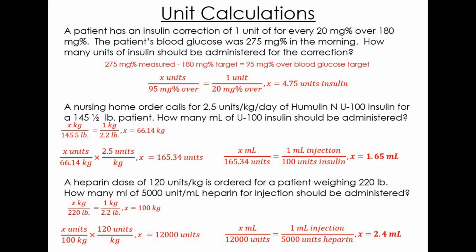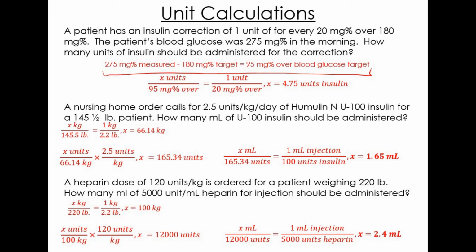Let's look at a few more examples. In the first, a patient has an insulin correction of 1 unit for every 20 milligrams per cent over 180 milligrams per cent. The patient's blood glucose was 275 milligrams per cent in the morning. So how many units of insulin should be administered for the correction? Well, first of all, we can look at how much over the target the patient was with their morning blood glucose reading.